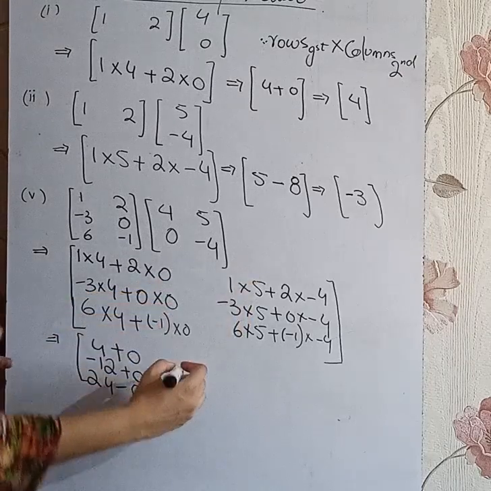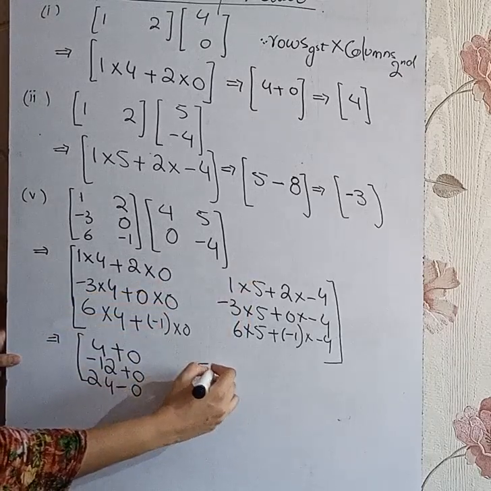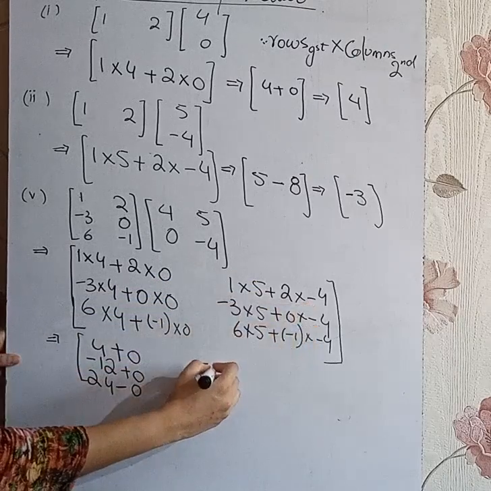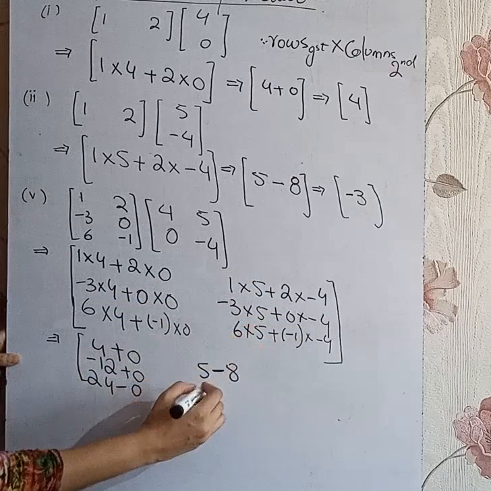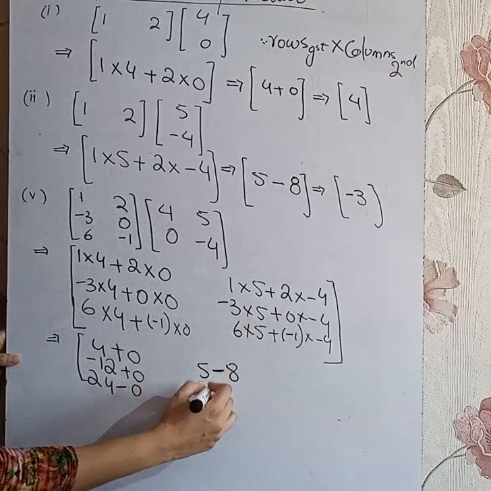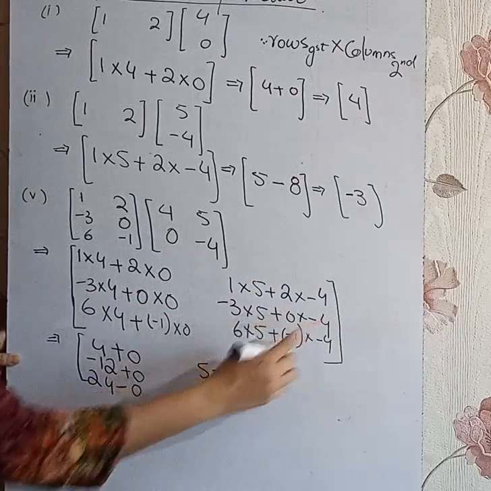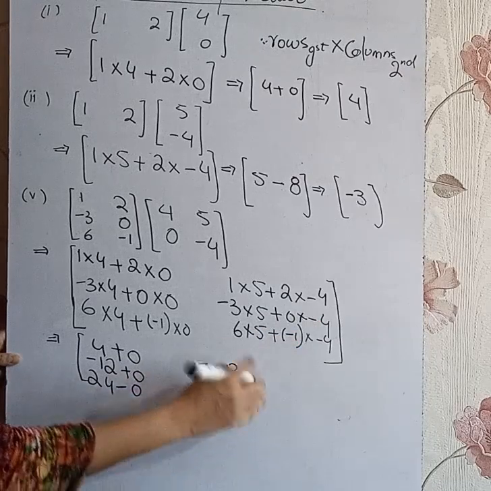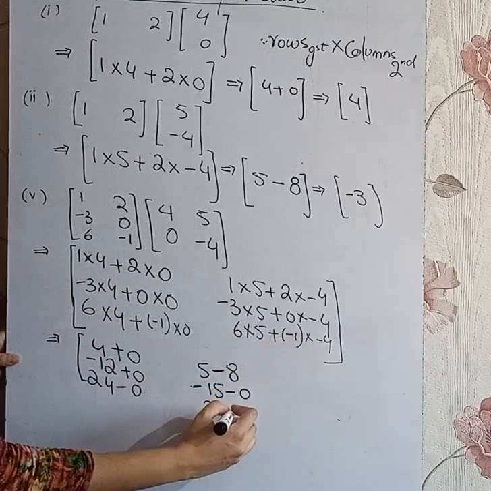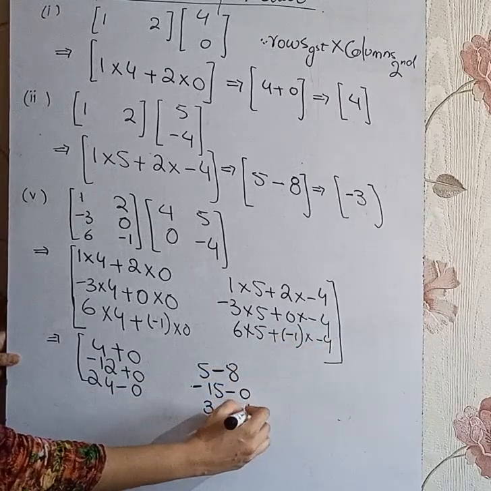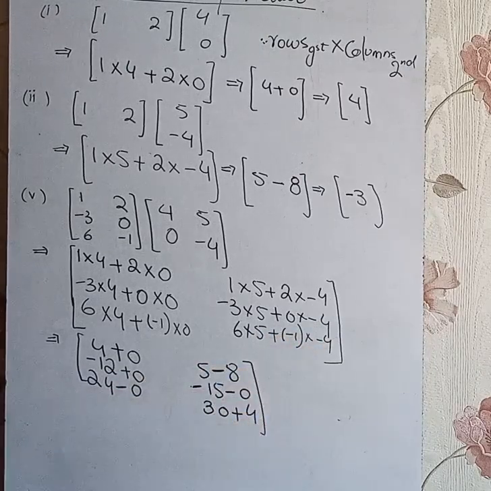Then 1 times 5 plus 2 times minus 4 is 8. Minus 3 into 5 is minus 15 plus 0 into minus 4 is 0. 6 times 5 is 30, minus times minus is plus, 1 times 4 is 4. Now we will simplify this and we will get the product of these two matrices.